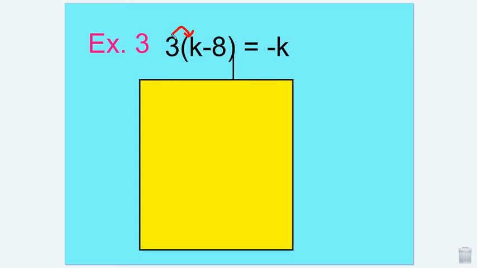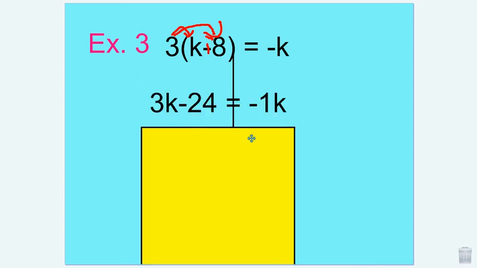I have 3k minus 8. Oh, I forgot something, didn't I? Let's pause and check. Boom. So 3 times negative 8 means I'm going to have plus negative 24. Now I wrote it, I believe, 3k minus 24 plus negative 24. And I have a negative 1k.